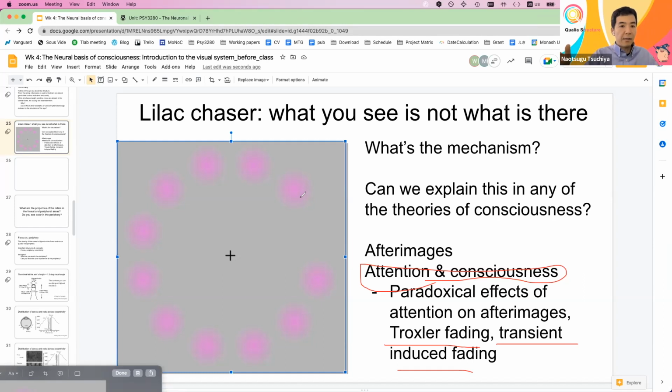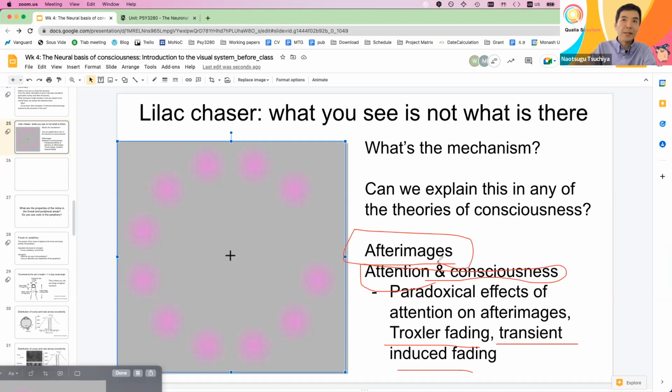But there are cases in everyday phenomena where paying attention to see it makes it less visible. And this is exactly the case where we know that it happens. So when things are fading, paying attention to see it better goes in the opposite direction. And instead, what you actually clearly see is not the pink itself, but the after image of the pink, which is normally not that easy to see.